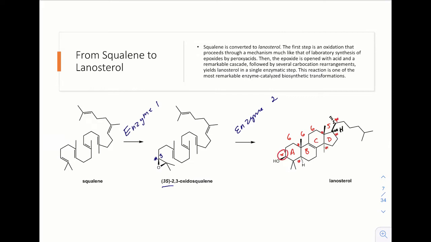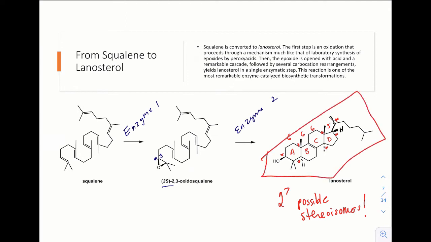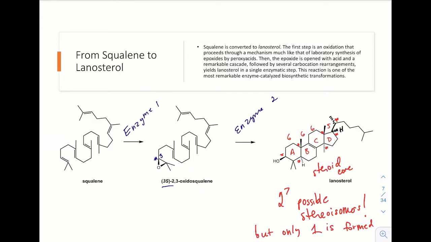Well, since there are 1, 2, 3, 4, 5, 6, 7 stereogenic centers in lanosterol, there are 2 to the 7 possible stereoisomers of this molecule. But how many are made in the body? One single enantiomer. Truly amazing. We'll talk about the conversion of 3S, 2,3-oxidosqualene to lanosterol in just a bit.